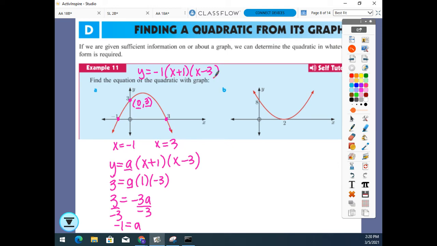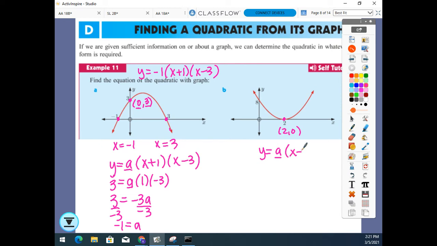Then for letter B, notice it just touches the x-axis once. I always say if it bounces off the x-axis, it's almost like it's both in intercept form and vertex form, because the vertex is at 2, 0. But I still don't know my leading coefficient here.